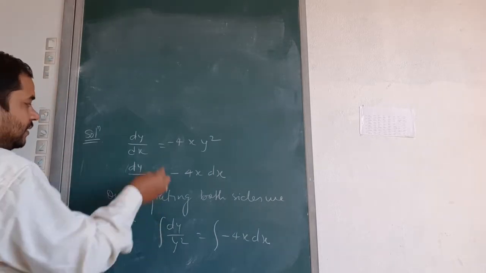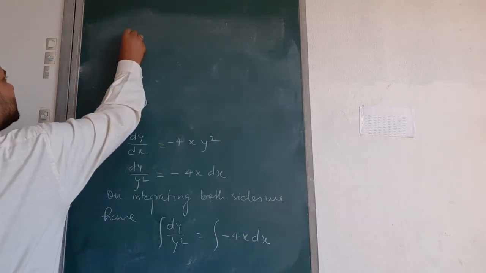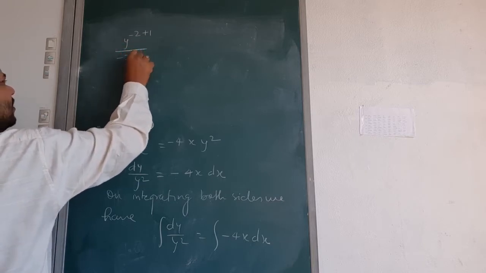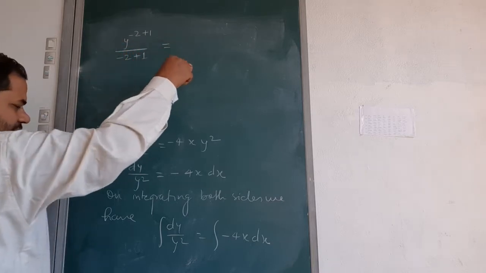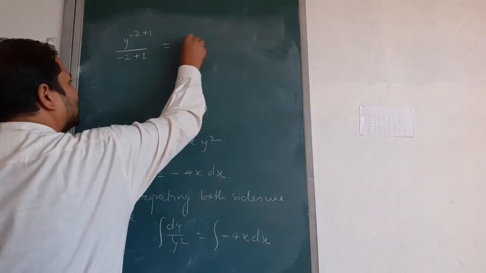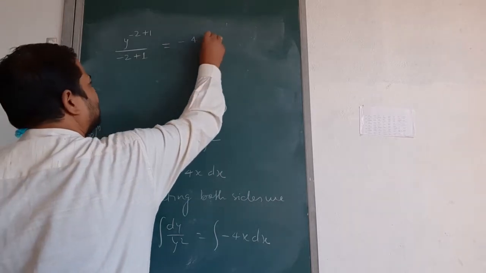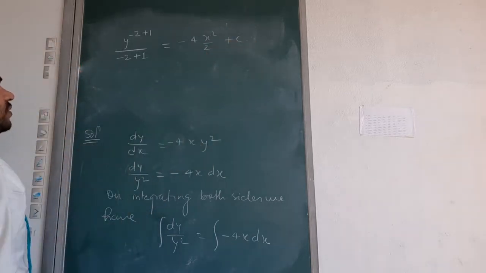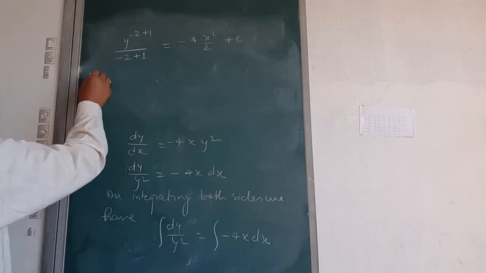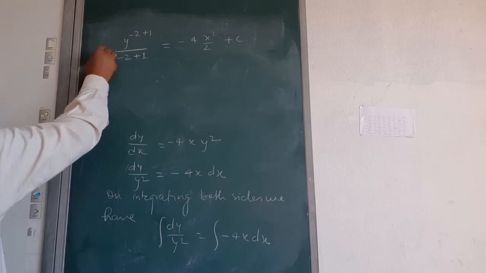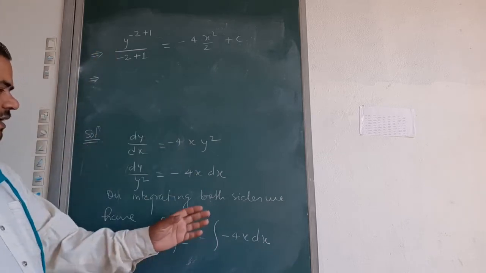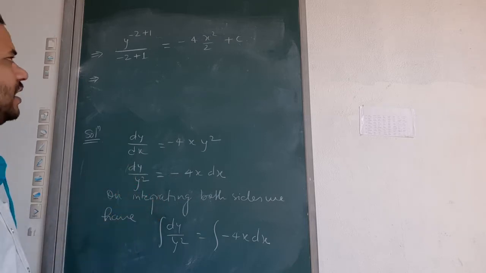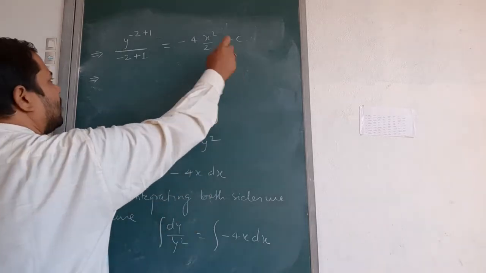Now see, the integral of dy by y square is minus y power minus 2 plus 1, divided by minus 2 plus 1, which is equal to minus of 4x square by 2 plus c. We need to find the value of c here, and because of this only the condition is given, because for a particular solution there is no arbitrary constant.